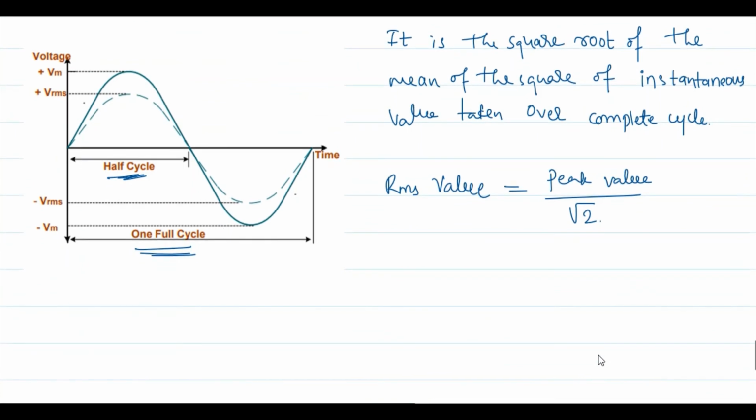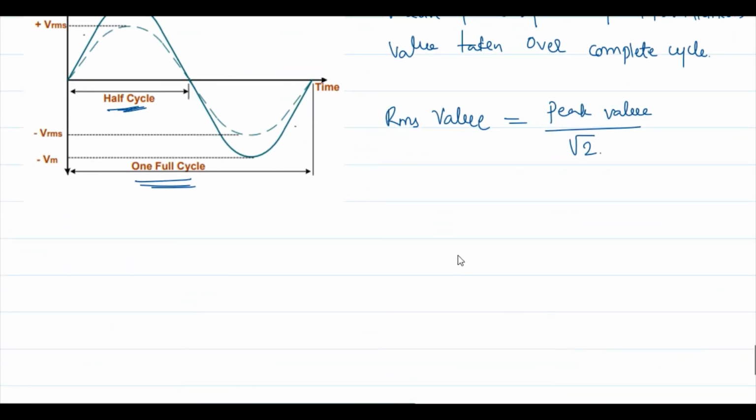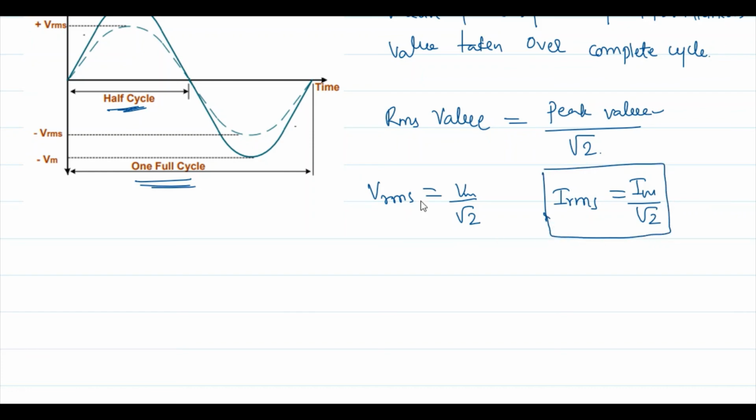So for voltage and current we define Vrms is equal to V maximum by root 2 because it's a peak value, and Irms is equal to I maximum divided by root 2. So these are the RMS values for the current and the voltage respectively. Okay, so it is nothing but the square root of the mean of the squares of the instantaneous values of that particular AC quantity.